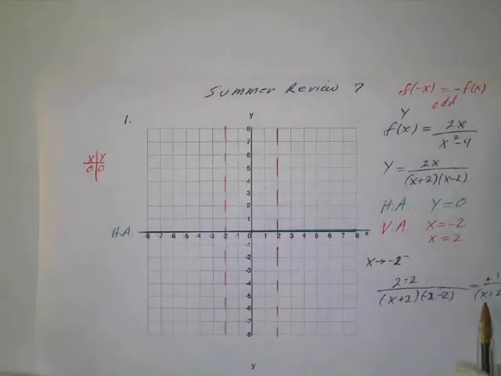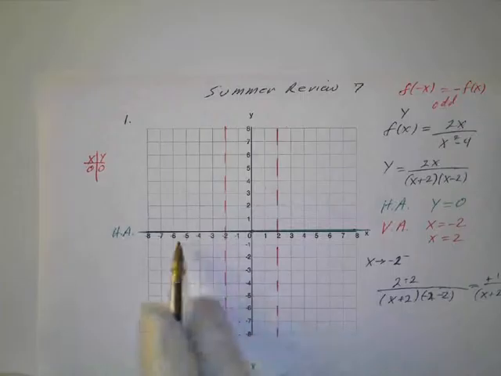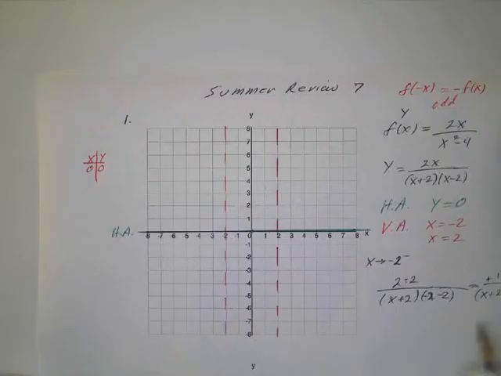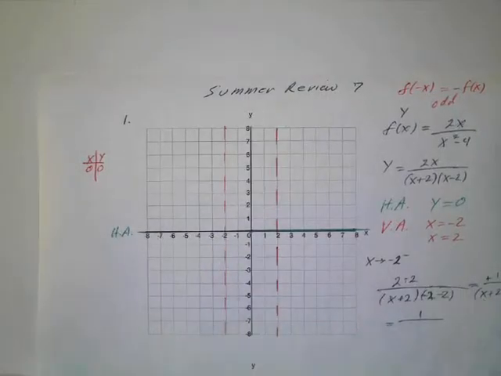So what's going to happen as x approaches negative 2 from the left and gets really, really, really close? We call this a very small approach. And this is going to be 1 over, and let's say I'm approaching negative 2 from the left, so I have a number that's a little bit more negative than negative 2. Let's say negative 2.0001.